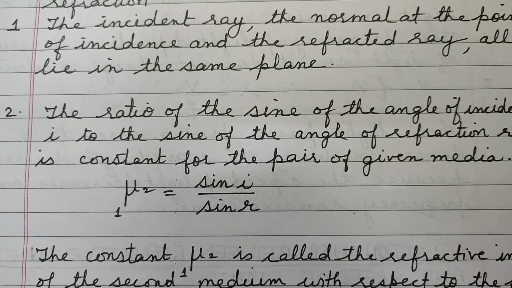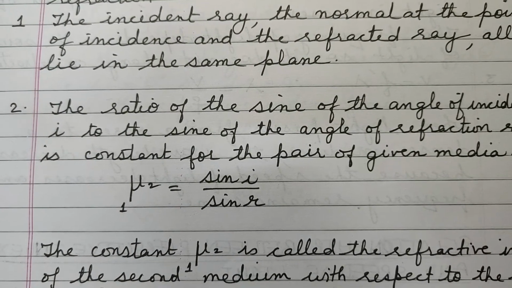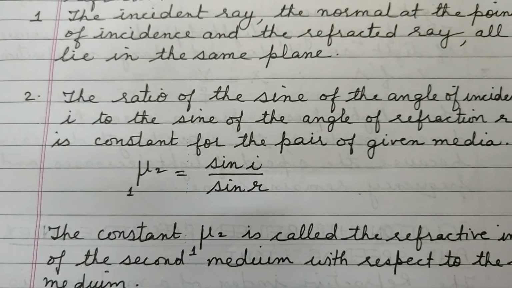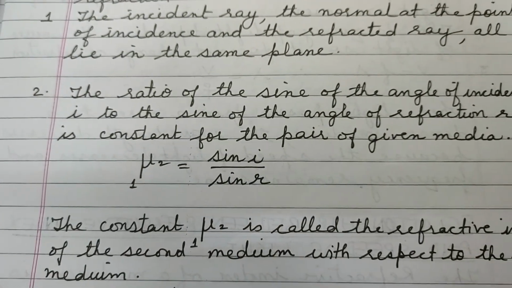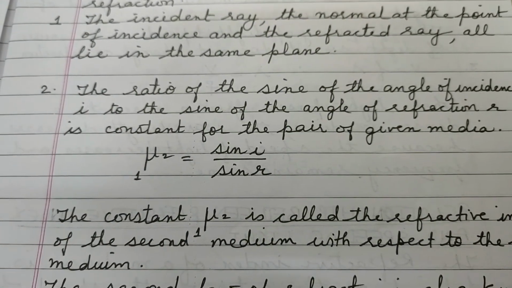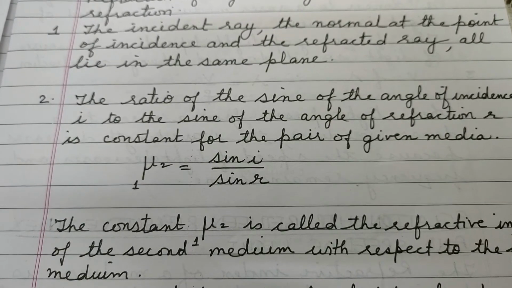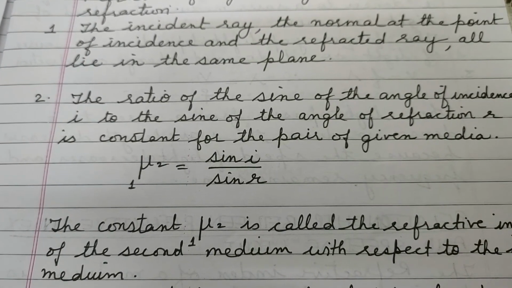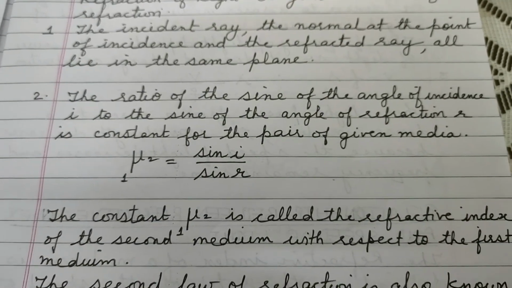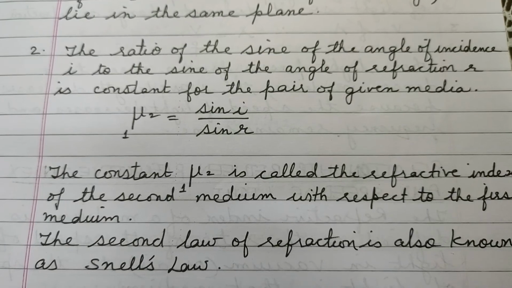To represent this, we can easily write it: refractive index of the second medium with reference to the first medium is equal to sin i upon sin r. And the constant mu of the second medium with respect to the first medium is called the refractive index of the second medium with respect to the first medium.